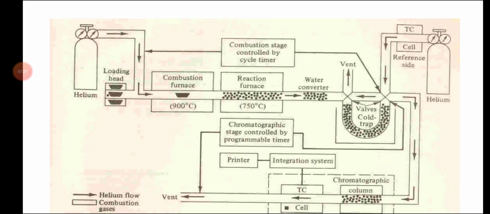In the combustion chamber, the samples, at the required temperature, are passed into the reaction furnace. The reaction furnace has a temperature of 750 degrees centigrade. From the reaction furnace the samples enter the water converter system, where they are cooled.